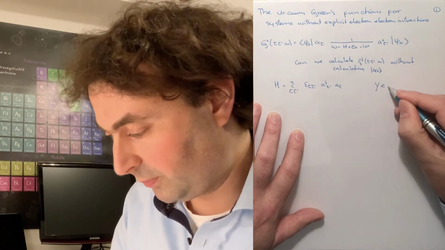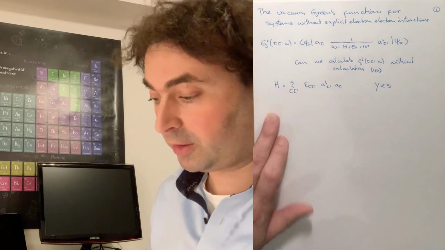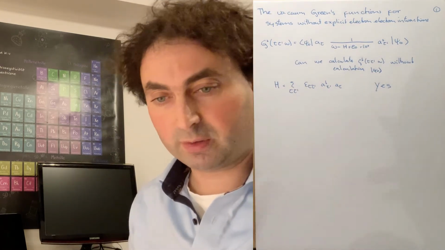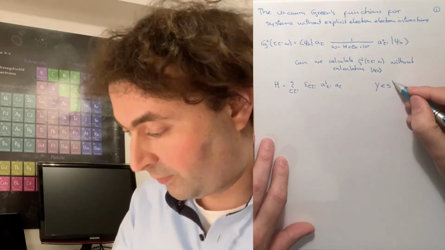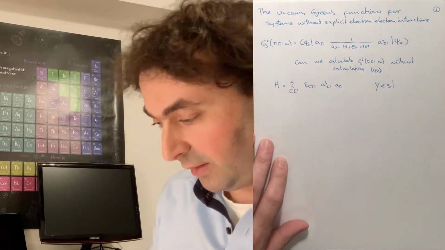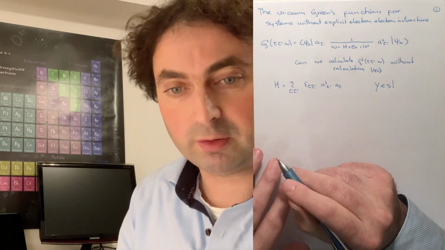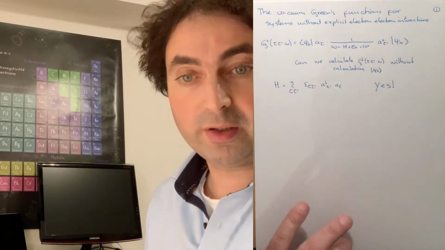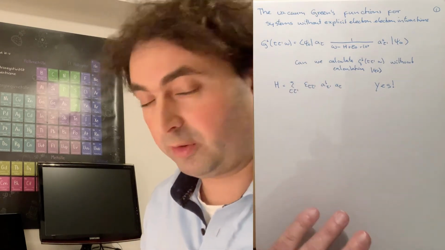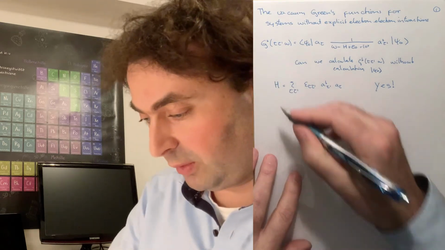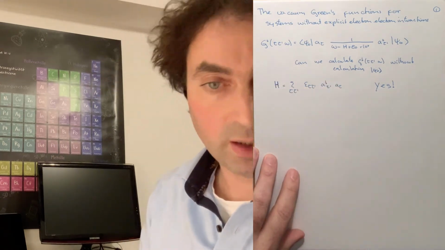And for a mean field approximated Hamiltonian, or a Hamiltonian where we only have potentials, that answer is yes, that is something that you can do. And not only for periodic Hamiltonians where you already know how to block diagonalize your Hamiltonian, but for any Hamiltonian, even when you have no symmetry and many particles.